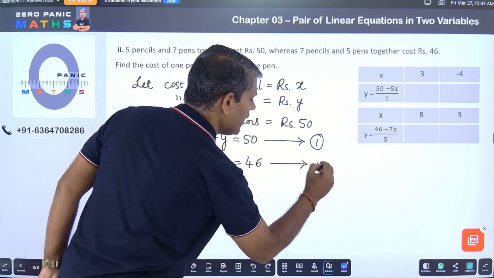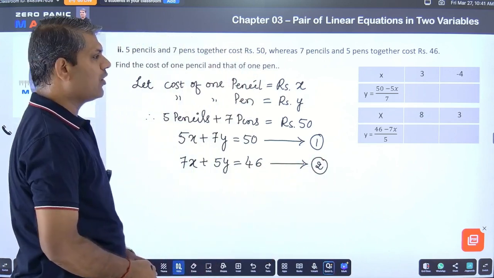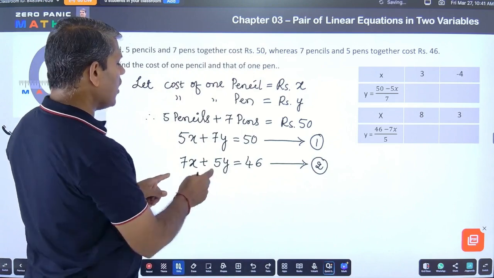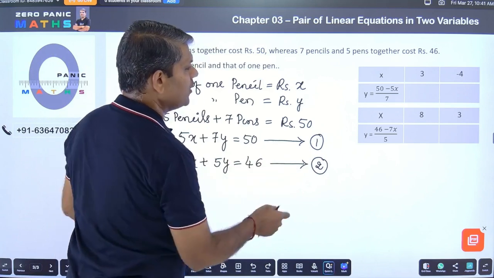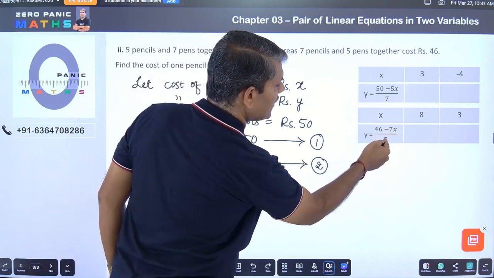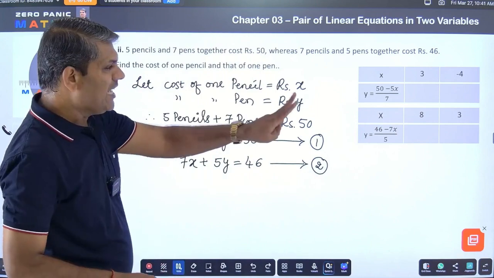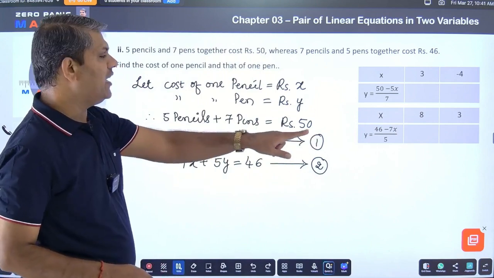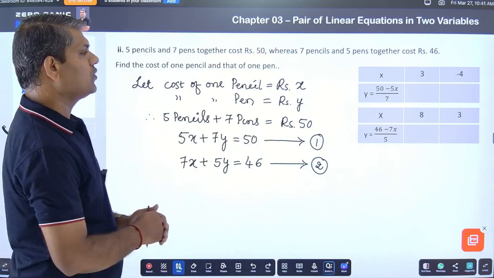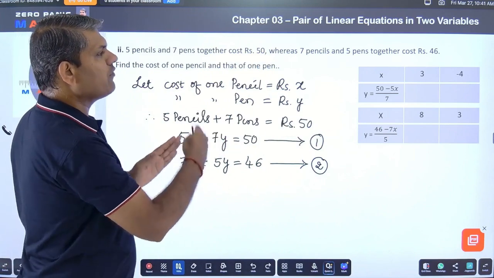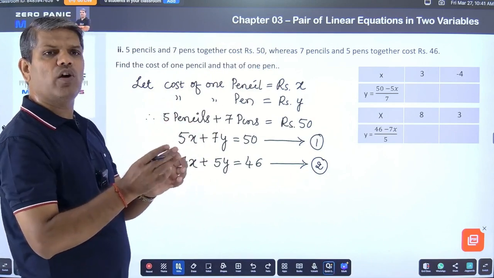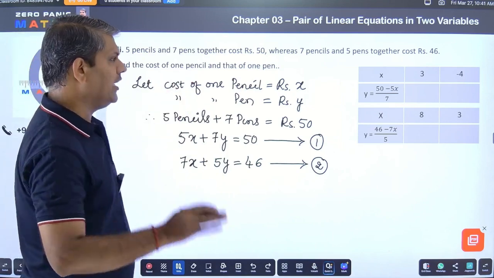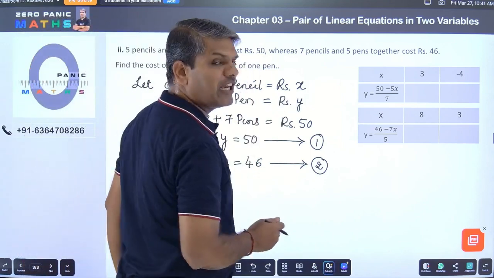So this is my second linear equation, and out of this I'm taking y is equal to (46 minus 7x) divided by 5, which is the second equation to be plotted into the graph. Let us put some values quickly into that to identify some coordinates so that we can draw a line out of the given linear equation.